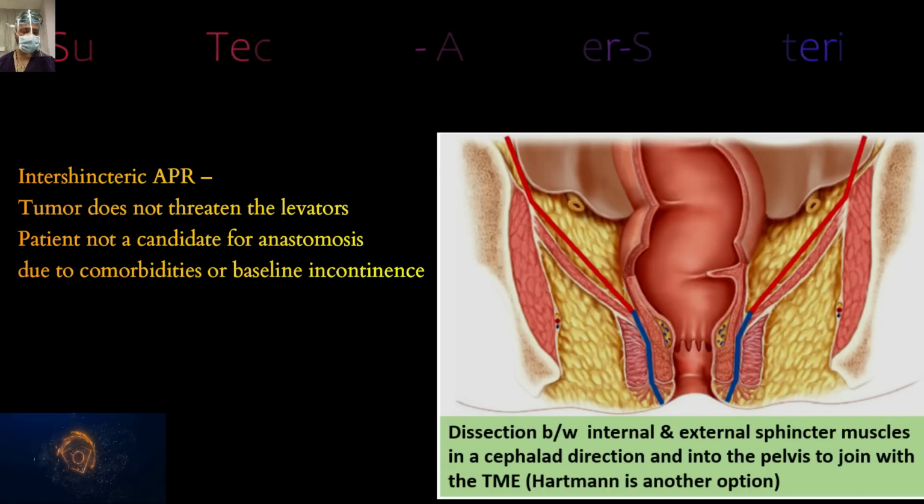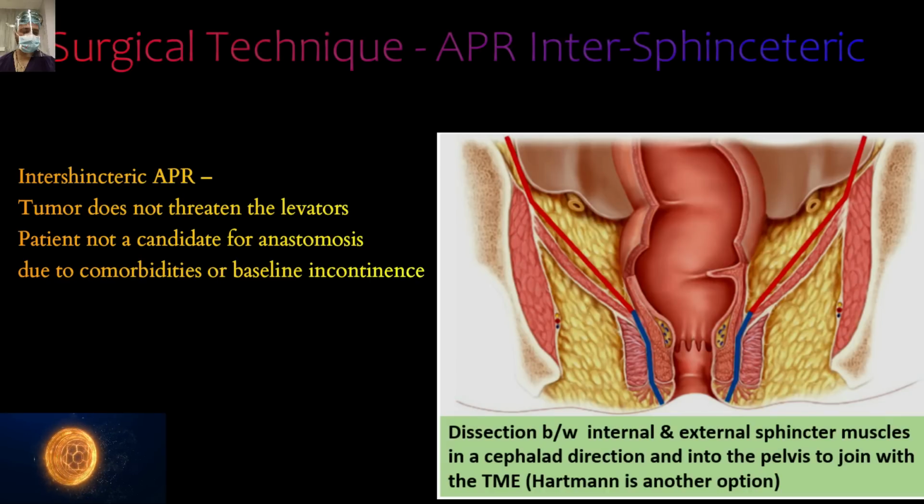Intersphincteric APR is another variation. When we are considering an intersphincteric APR, there is no tumor threatening the levators, and the patient is potentially a candidate for low anterior resection to achieve bowel continuity, but that is not possible because of some comorbidity or pre-existing baseline incontinence.